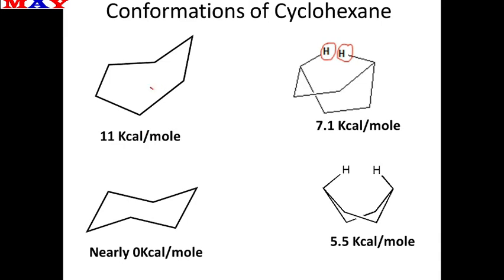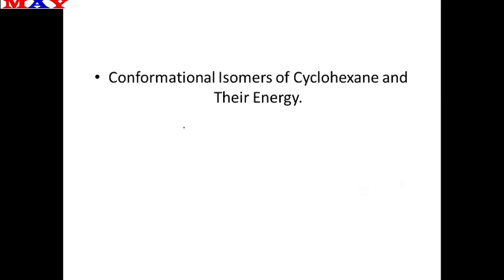This is half chair, this is boat, this is chair, and this is twisted boat. Now we are going to study these 4 isomers and their potential energy in more detail. Conformational isomers of cyclohexane and their energy.